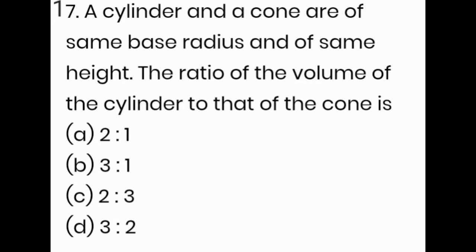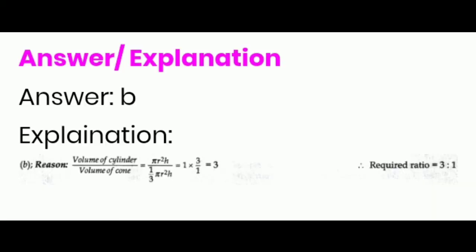All of you look at the solution here, children. By using the formula, volume of cylinder is pi r square h, volume of cone is 1 by 3 pi r square h. After simplification, we get 3 by 1, which is 3:1. Okay, children? So observe the screen and note it down in your running notebook.